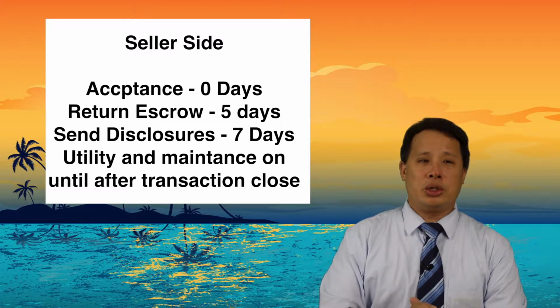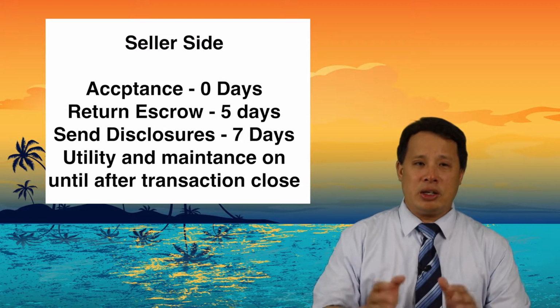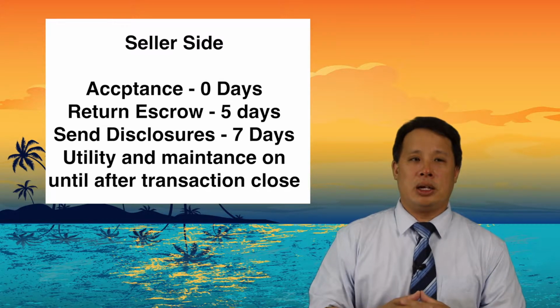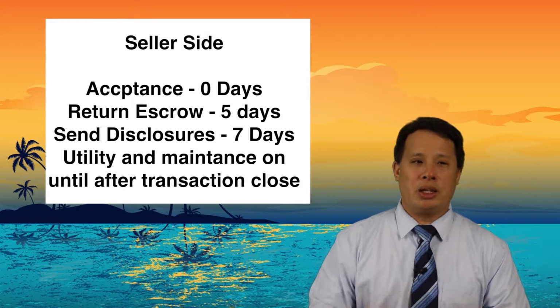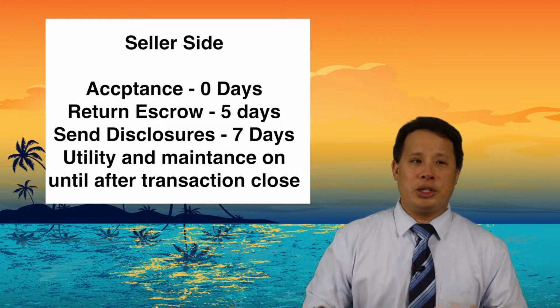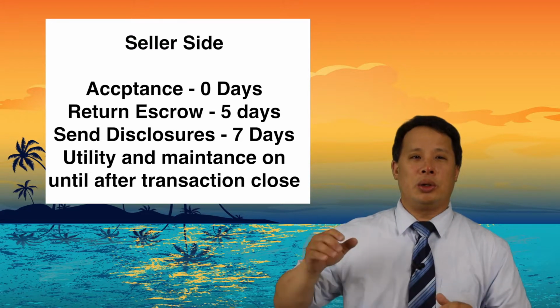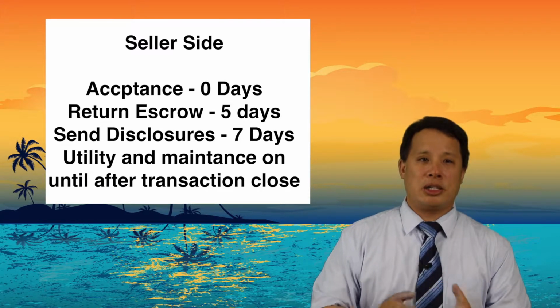Once you send in all the reports after the 7 days, besides some things your realtor will help you with during that duration, you don't have that much to do until the property closes, that is, until it's recorded.